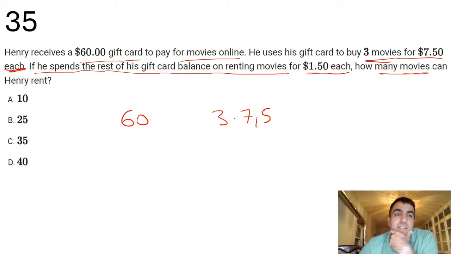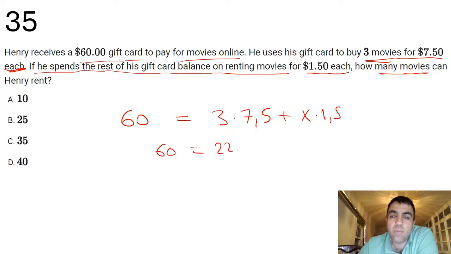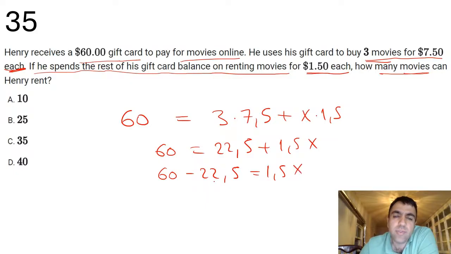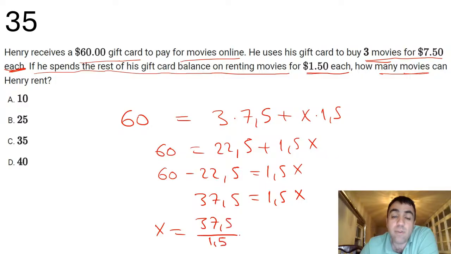And if he spends the rest of his gift card balance on renting x movies for 1.5 each, then 3 times 7.5 plus 1.5x is equal to 60, right? 60 is equal to 22.5 plus 1.5x, and 60 minus 22.5 is 37.5, which is equal to 1.5x, so x is equal to 37.5 divided by 1.5.